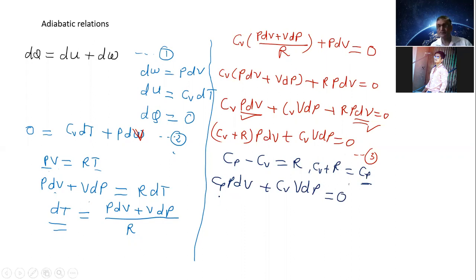Is equal to 0. Now divide this equation by Cv into PV.